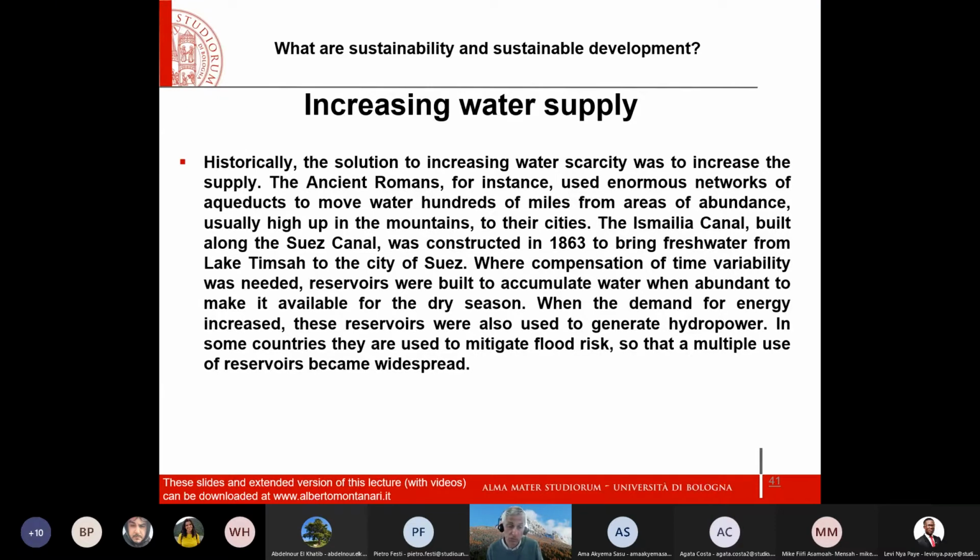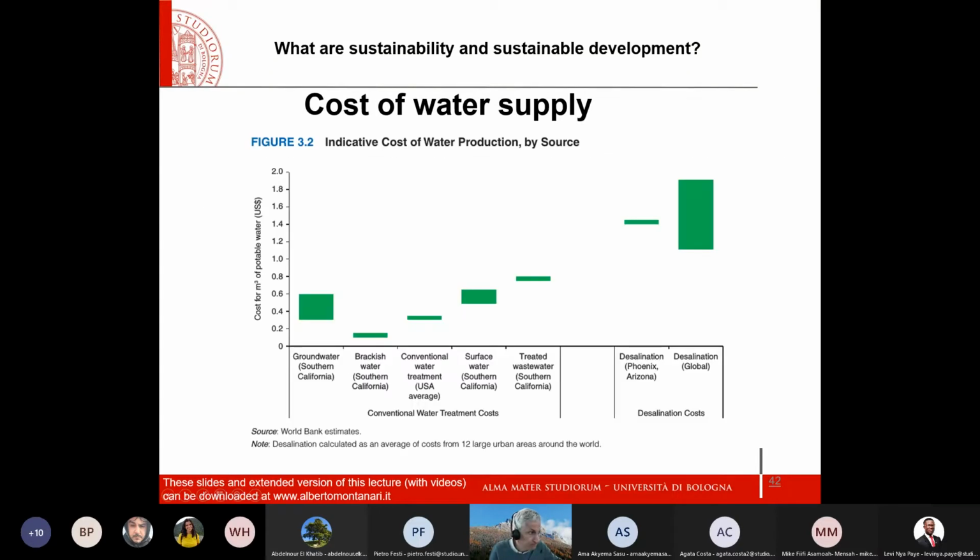People tried to move water at the local level, of course, and tried to store water when it was abundant, during the seasons where water was abundant, to save it for use during the dry season. Which is fine, I mean, the only thing is that this solution has an environmental impact.